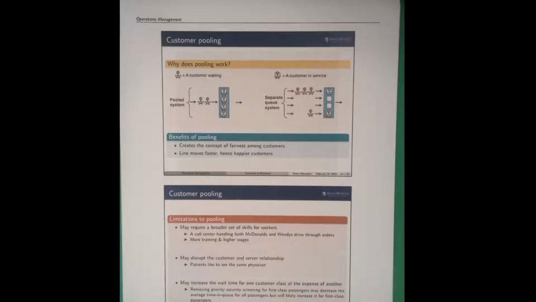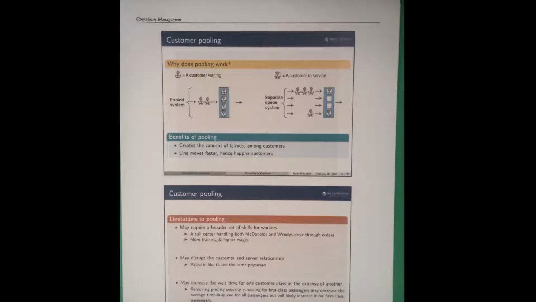your regular operations. For example, a while ago, I was at Costco and I realized they are pooling their lines, but that line goes all the way to the end of the store, and it was very difficult for other customers to go around that line and go from one aisle to another aisle. So that's one of the biggest problems that pooling has.